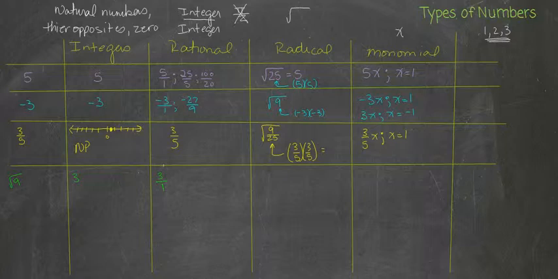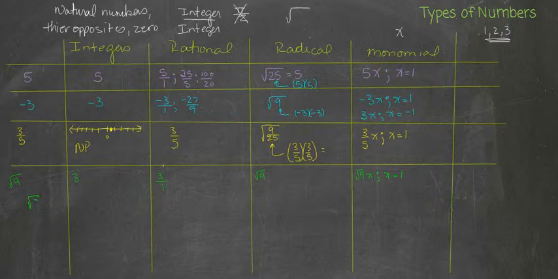That's easy enough. Converting it into a radical doesn't need to happen. It already is a radical. And converting it into a monomial, no problem. I'll just use my easy trick, the square root of 9x, where x equals 1.